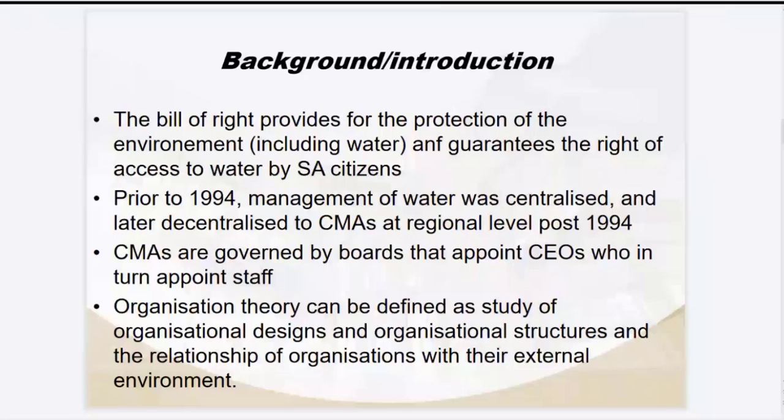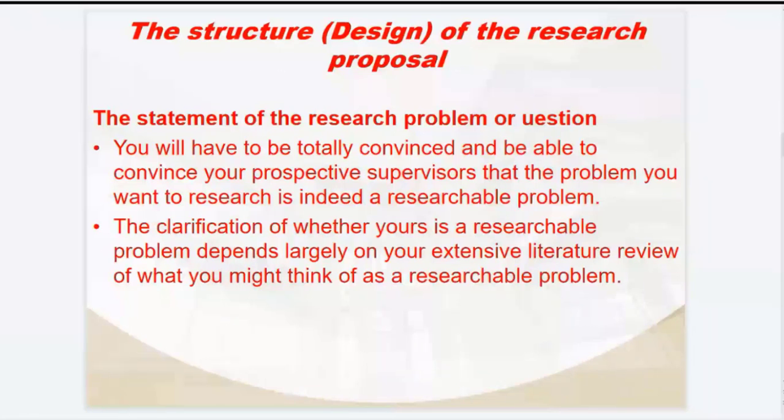Now, we look at the statement of the research problem or the research question. And we will again want to see if this actually would comply with what literature says.